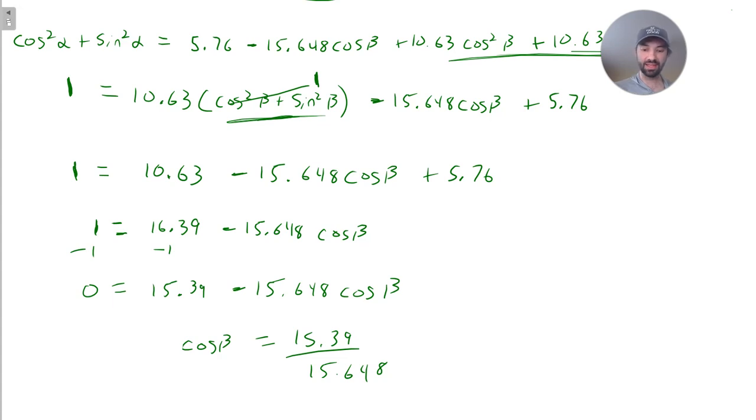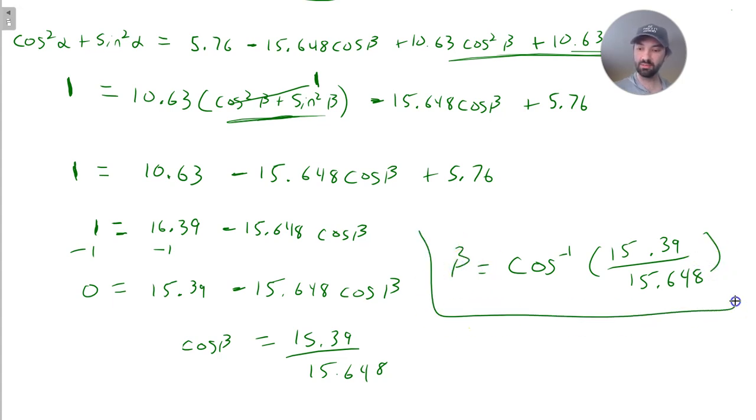And now I get to say cosine to the negative 1 of 15.39 over 15.648 is equal to beta, and that's going to be my answer. So let's see what we get. I'm doing this in real time, which is why I'm a little bit sloppy about what's happening.